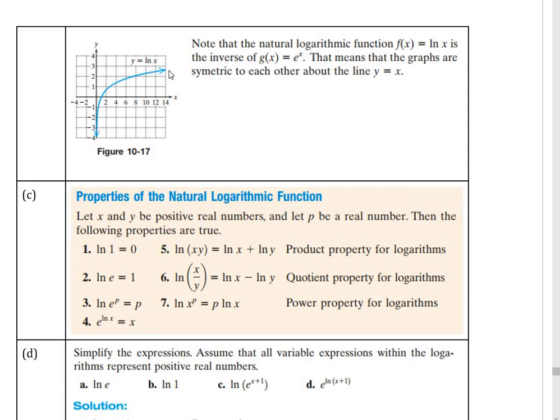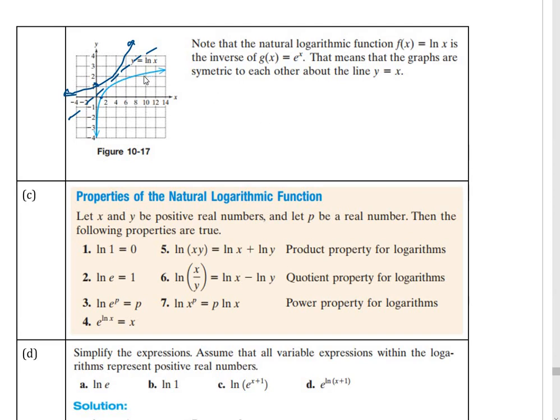It will still go through 1, and it will still approach the negative y-axis and bend like that. It is symmetrical with the e function in the line y equals x, where the e function goes up like that, also through 1. So the ln is the inverse of the exponential e function.